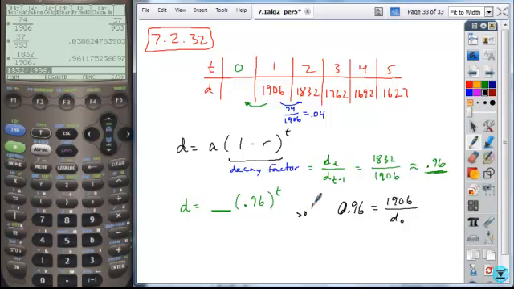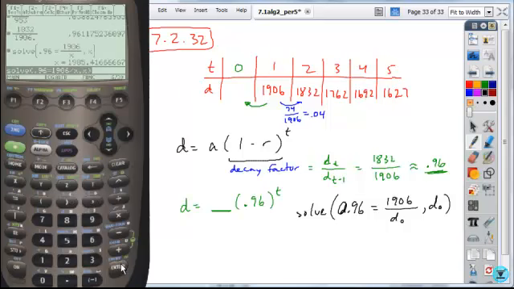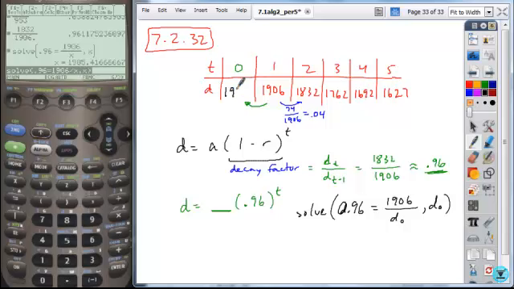If we solve this equation, we'll get our solution. You could use the solve feature if you want. You can do it by hand, but if I take 0.96 equal to 1906 divided by x and solve for x, hit enter, I get about 1985 for that value. And so this should be the equation that you use to model that information.